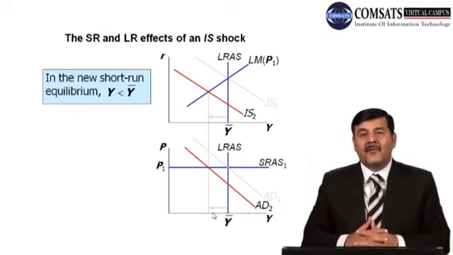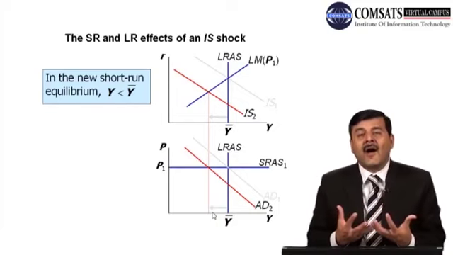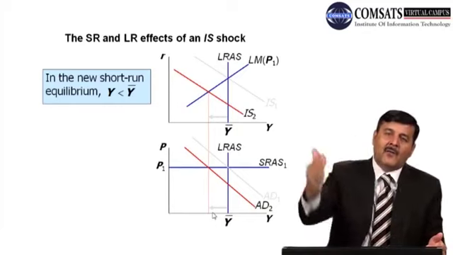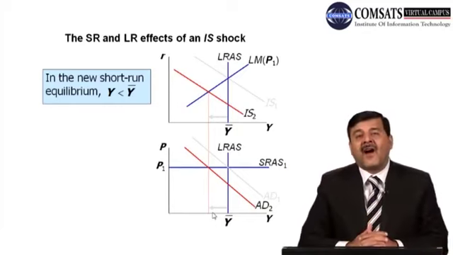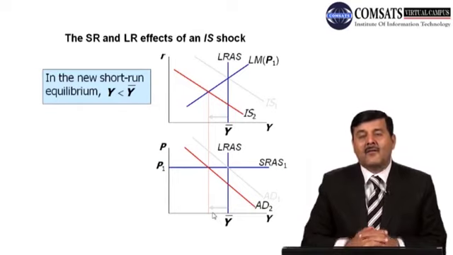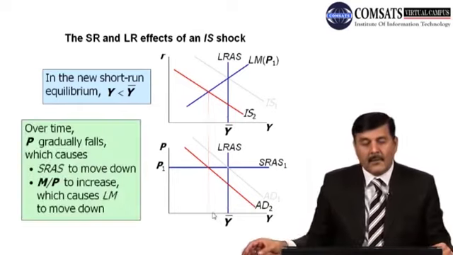So what we have observed from this negative IS shock is that Y is less than Y bar. Actual income is less than Y bar. तो क्या होगा long run में?